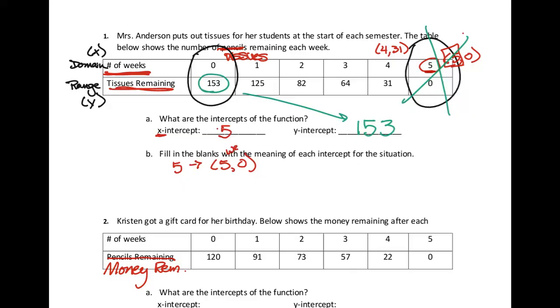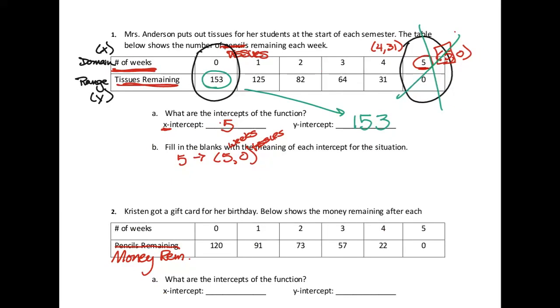I put weeks and tissues remaining because those are the labels that go with each of those X and Y amounts. So I would say, and you should write this down, this is the interpretation of the intercepts: after 5 weeks, there are no tissues left, or 0 tissues left.